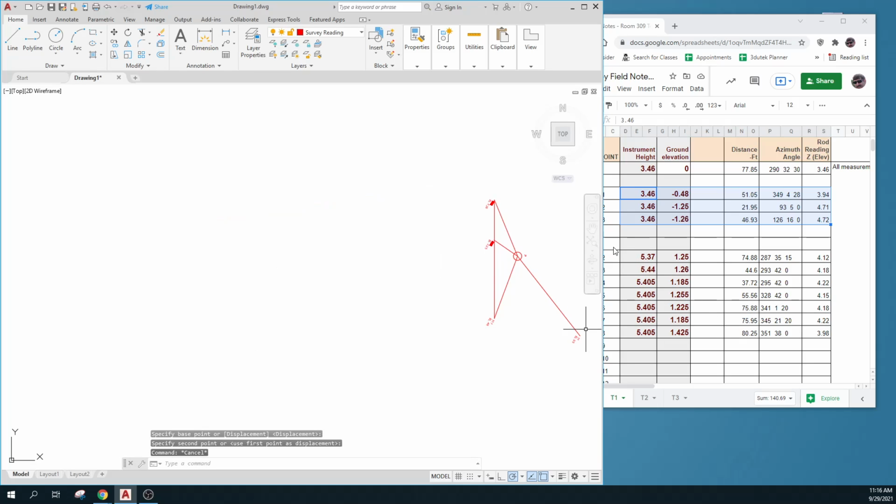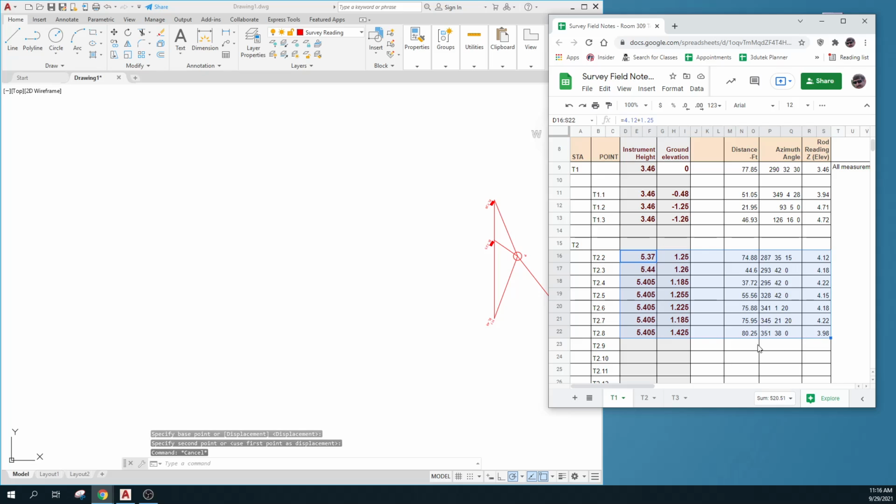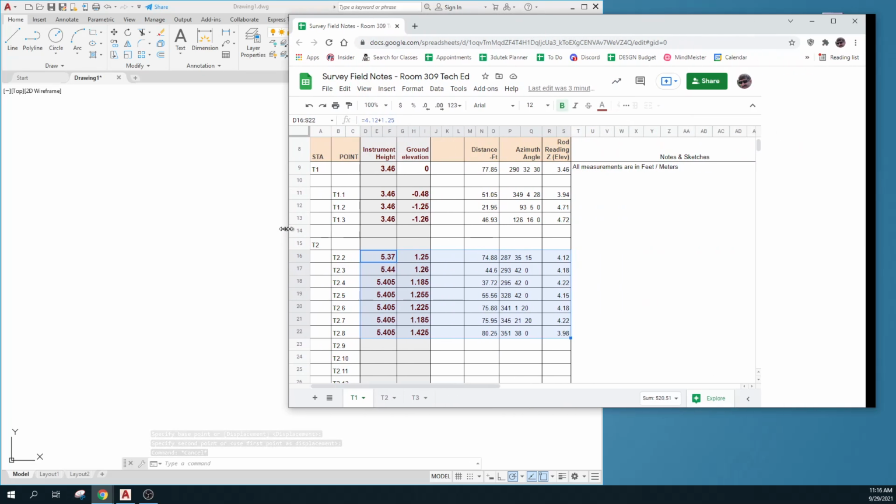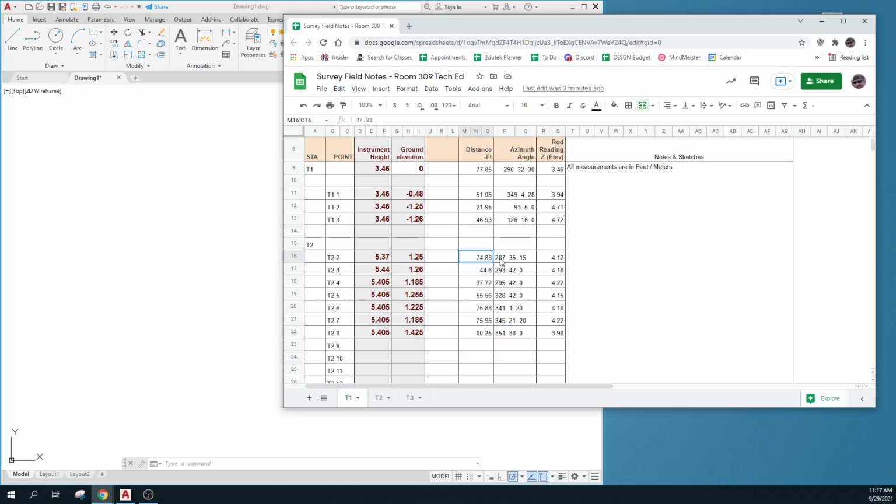Okay, now I need to do these ones. And I went and took a look at the data and I typed these ones in. Now, look, I started with T2.2 because it's the same as T1.2. And I started with T2.3 because it's the same as T1.3.